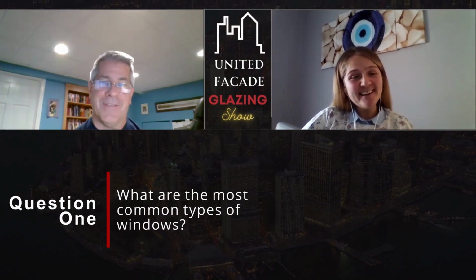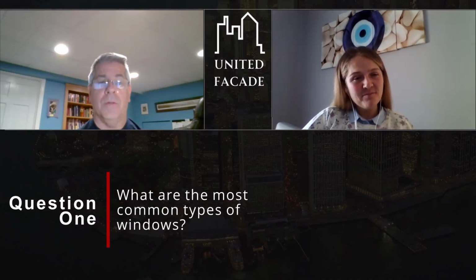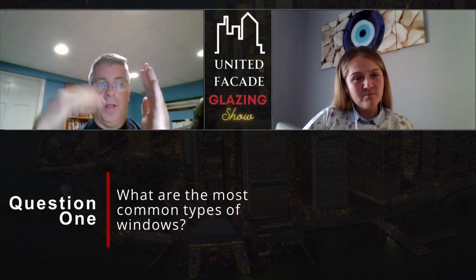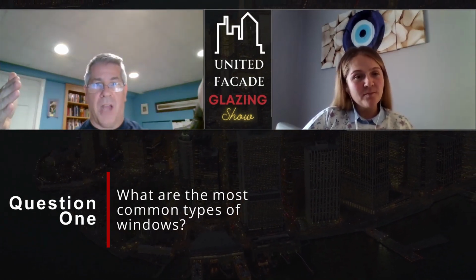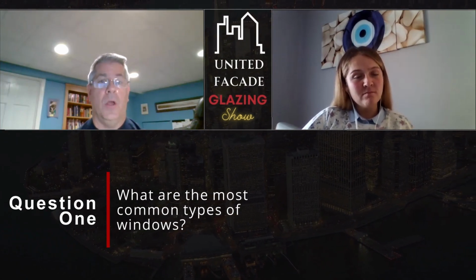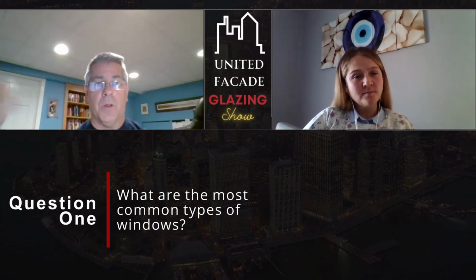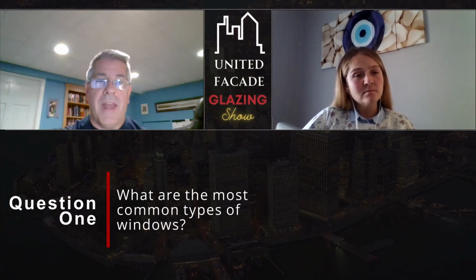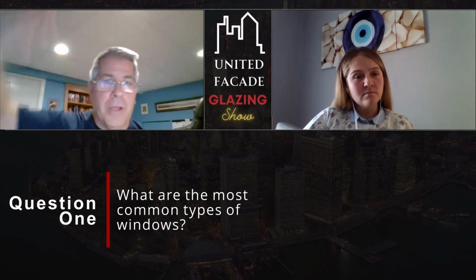Okay, and now it gets even better. Normally what we see a lot of in Manhattan is the fixed window in the center, a casement that opens one way on one side, and a casement that opens the opposite way on the other side. The benefit to that is when you remove the limit locks and open the casement window the full way, you can get out. If you're on the 60th floor of a building, how do you clean that fixed window?